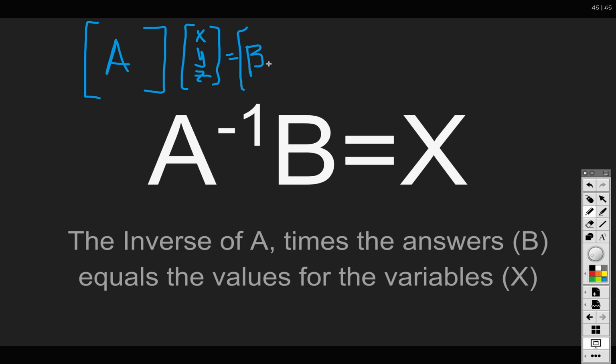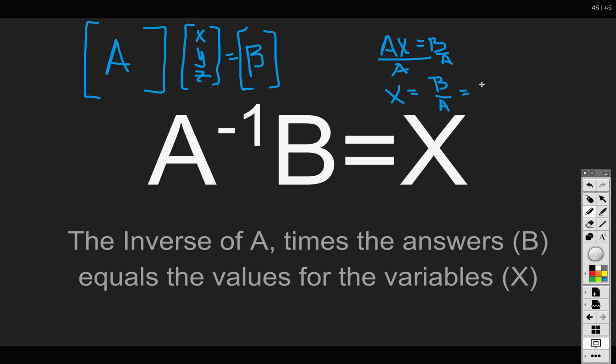And it's going to be equal to B. Now, this kind of makes sense because I can do A times X is equal to B. Divide both sides by A. So X is equal to B divided by A. Now another way of writing that is A to the -1.